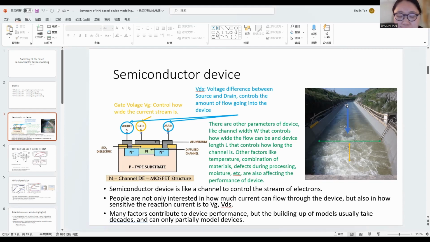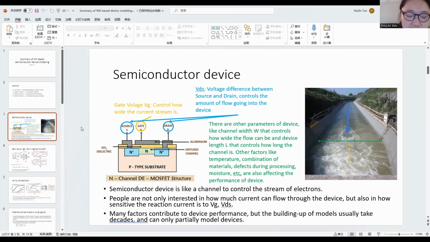But the longer your channel, the more likely you have friction during the water flow. So the length of the channel also affects it, and there is also the channel width, which is how wide your channel is. So basically, in summary, there are several parameters that control how your semiconductor device performs.